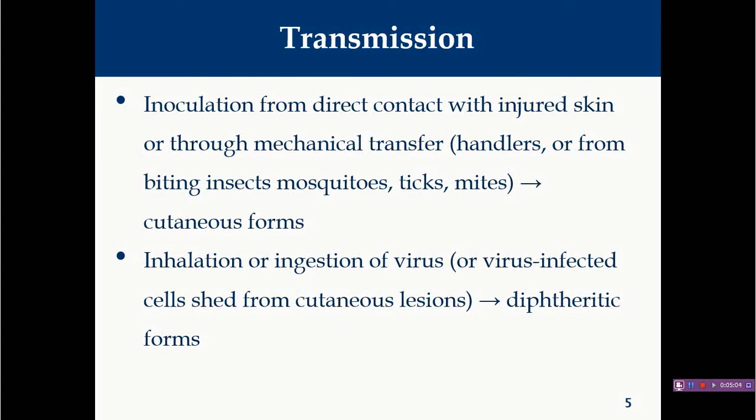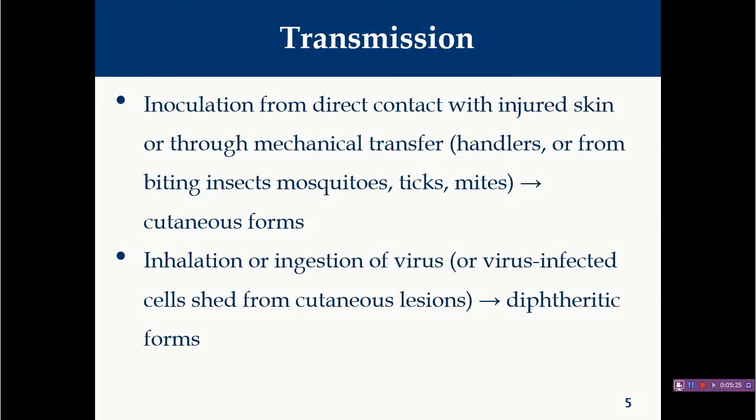And the second form is the diphtheritic form. Here, generally inhalation or ingestion of the virus is responsible for transmission of this disease. In this form you will find lesions in internal organs rather than skin.